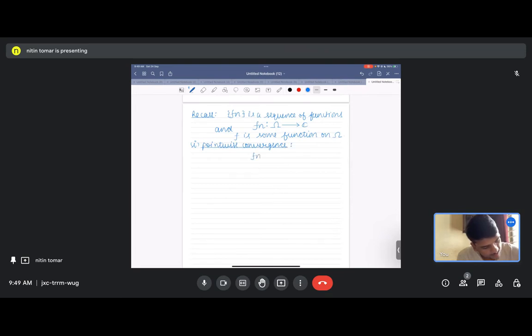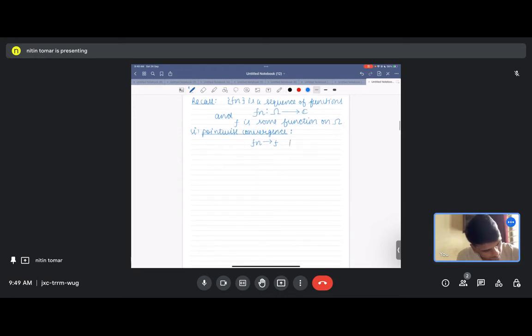We say fn converges to f pointwise if for every z in omega, for every point in omega, the sequence fn(z) converges to f(z) as n goes to infinity.